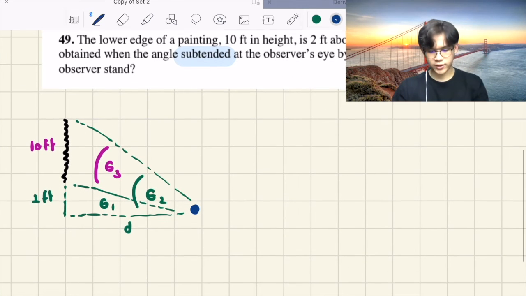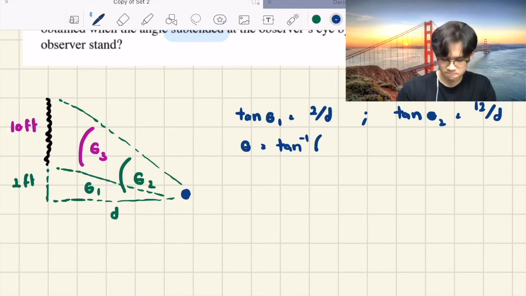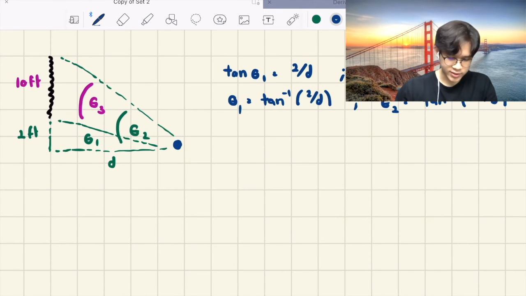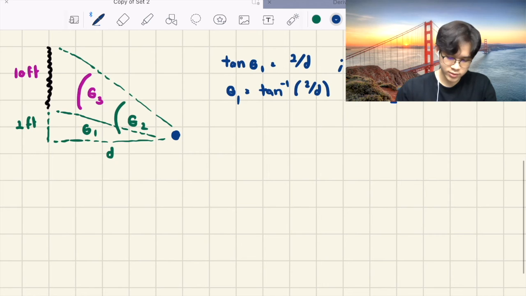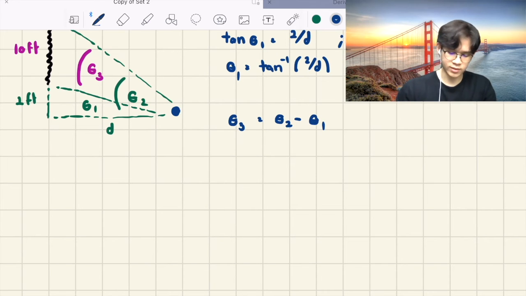So let's formulate the equation from this picture. To solve for theta 1, we can come up with the tan. And next we need to formulate an equation to find the subtended angle. So theta 3 is equal to theta 2 minus theta 1.